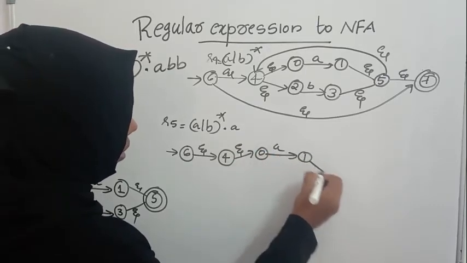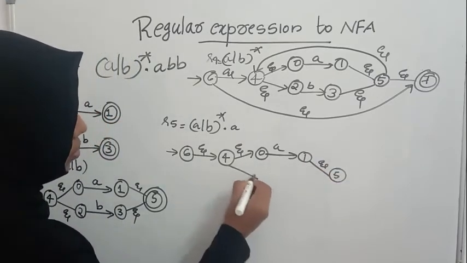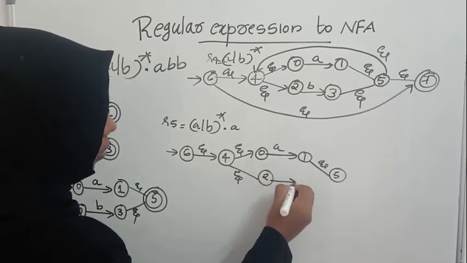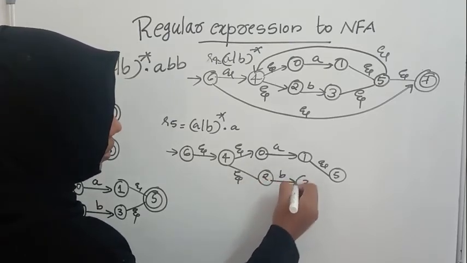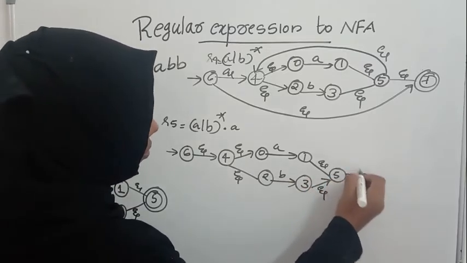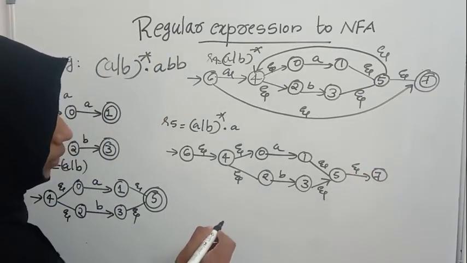Whenever we are adding something, we will always be including a new final state. We'll be simply copying the state but not the double circles. So I'm not copying the double circles around 7.